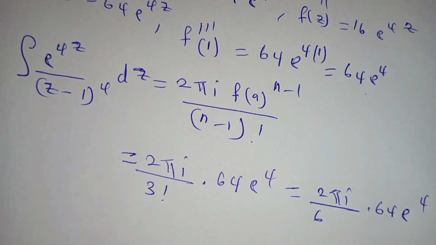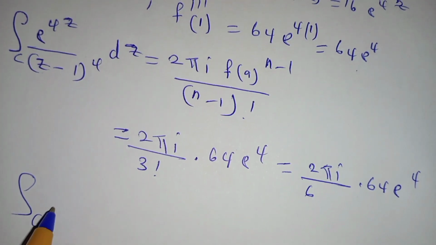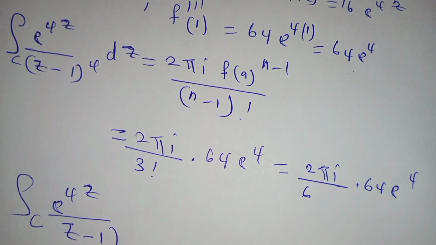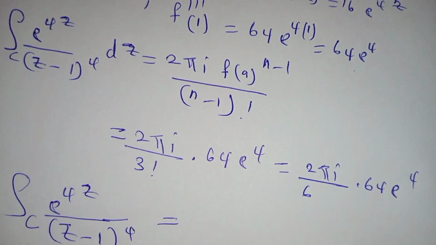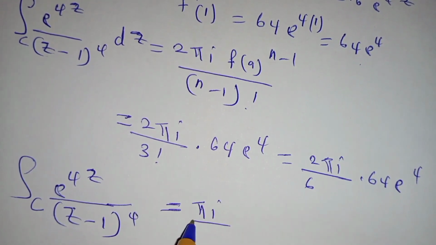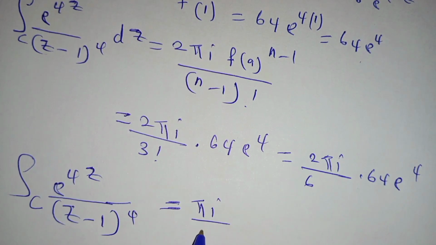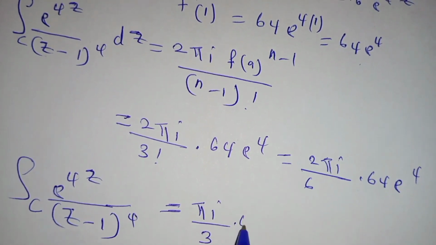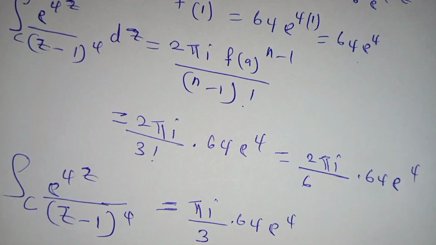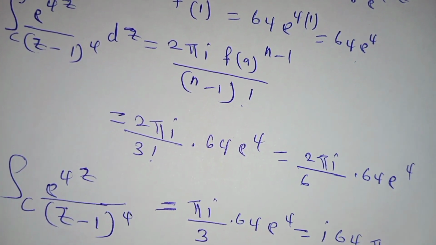So finally, our result, the integral around the contour C of exponential 4z over z minus 1 to the power 4, is equal to pi I divided by 3 multiplied by 64 exponential 4, which of course we can write as 64 pi I over 3 exponential 4.